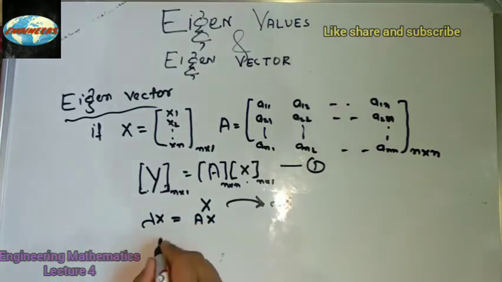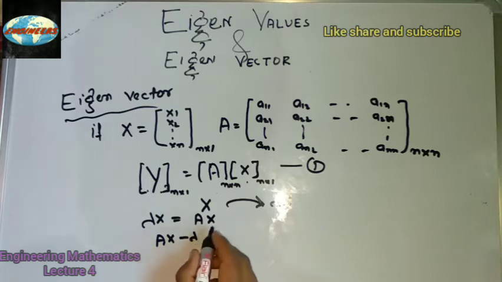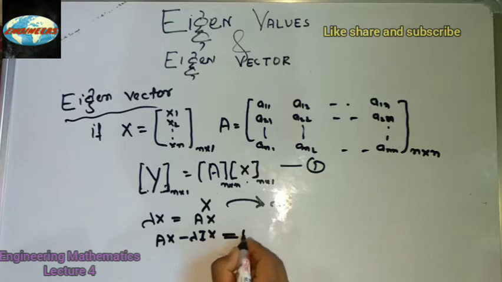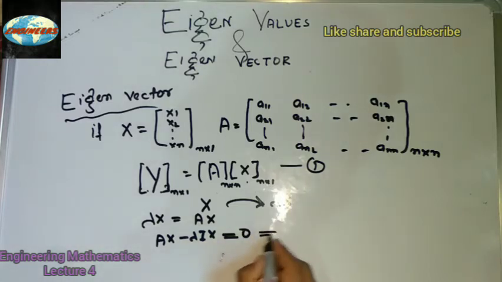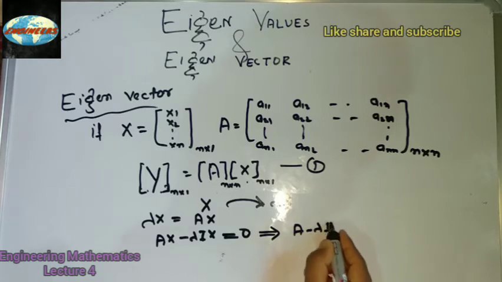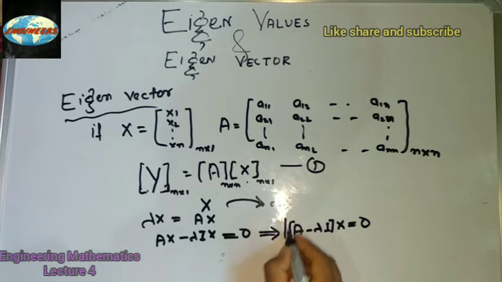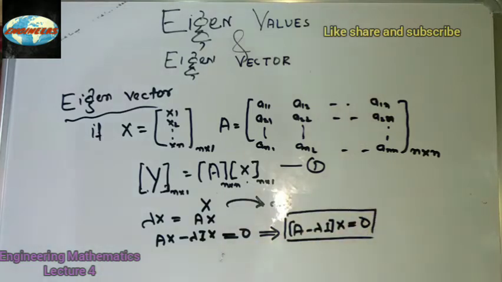In other words, AX minus lambda times IX is equal to 0, or we can say (A minus lambda I) into X is equal to 0. So what is this representing actually?